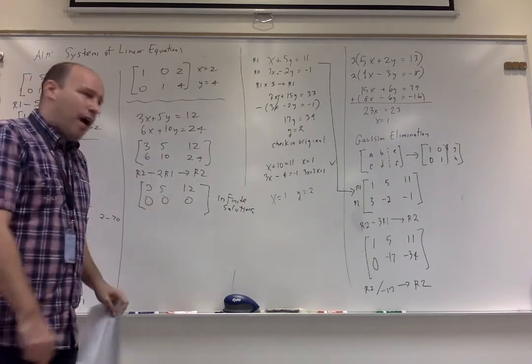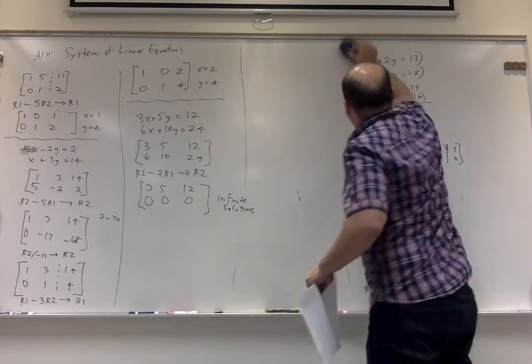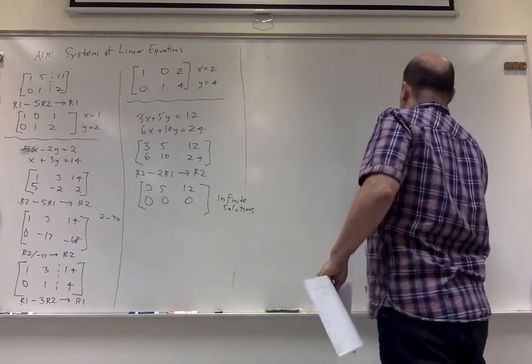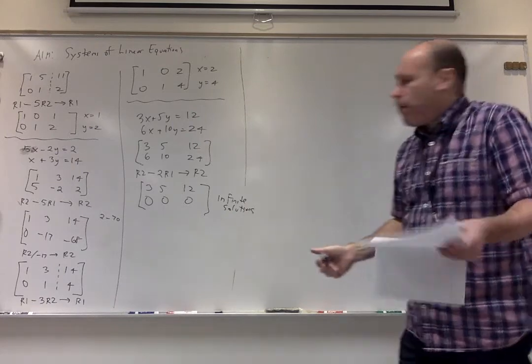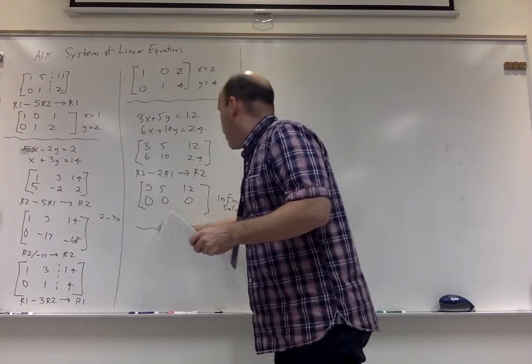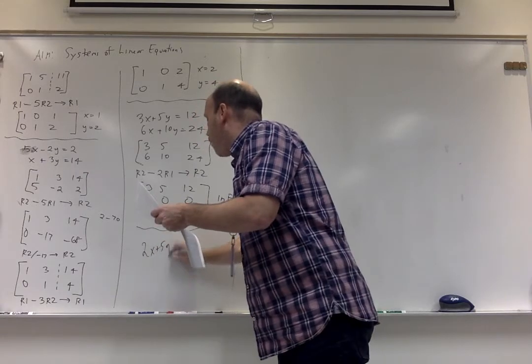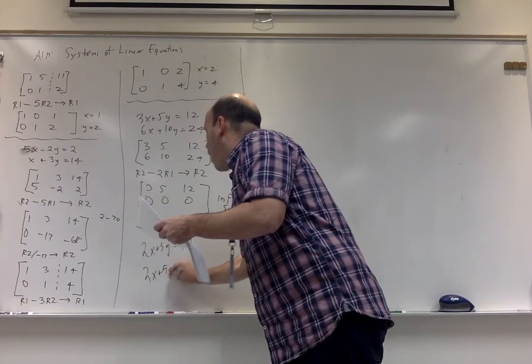Can someone think of a system of equations that have absolutely no solutions? Well, geometrically, what lines never meet? So you're like, okay, well, how about 2x plus 5y equals 10, and 2x plus 5y equals 11.